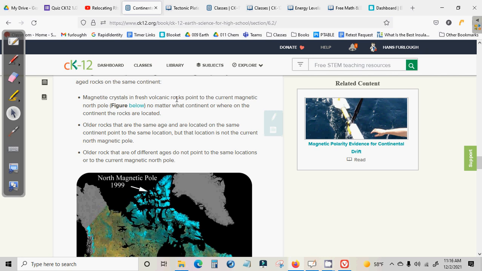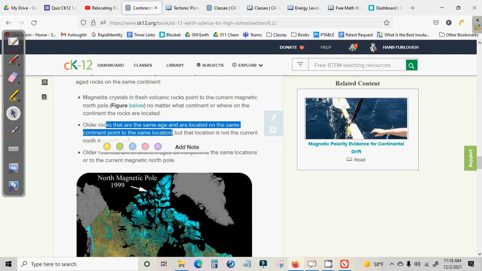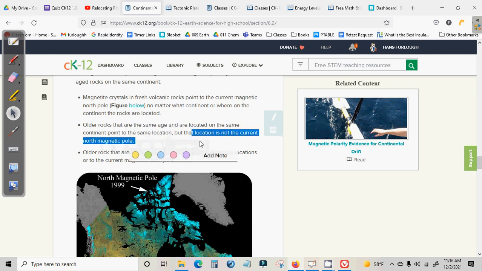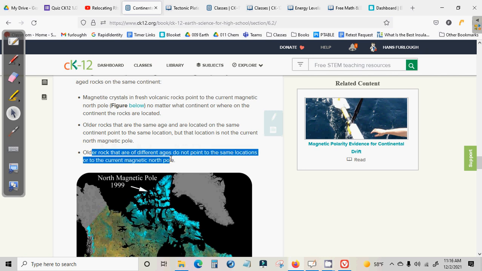Or the magnetic particles inside the rock. If you hold a magnetometer, something that measures magnetic field, they should point north. And the older rocks that were the same age pointed in the same direction, but it wasn't the current magnetic North Pole. And then older rocks, or rocks of different ages, pointed to different places.